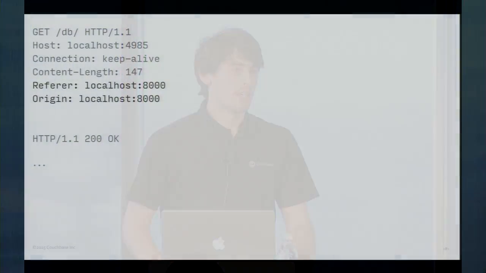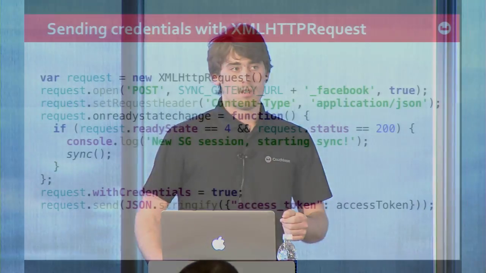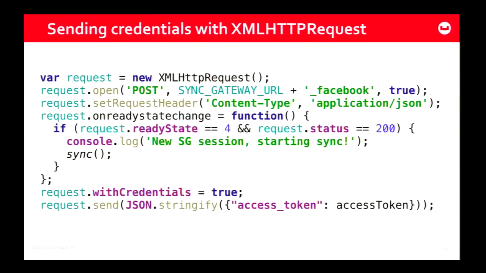One other important thing to note when you use the REST API or PouchDB, as we'll see in a bit, with authentication, is to always enable the withCredentials parameter right there on the second line from the bottom. This tells the browser to send the cookie to domains that are not the ones that you're serving your web app on.